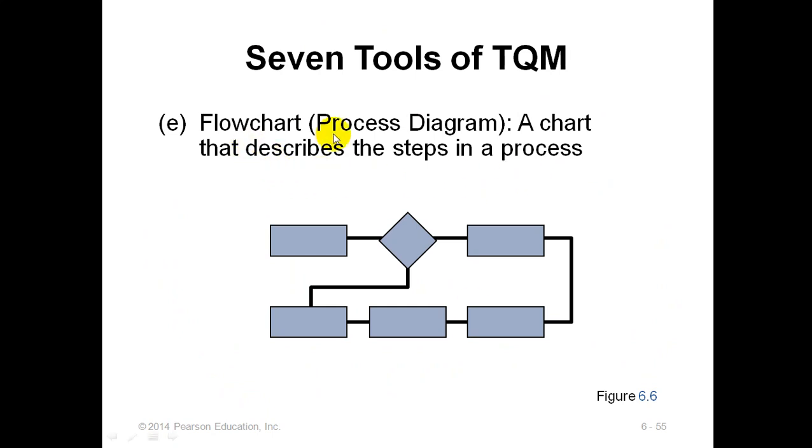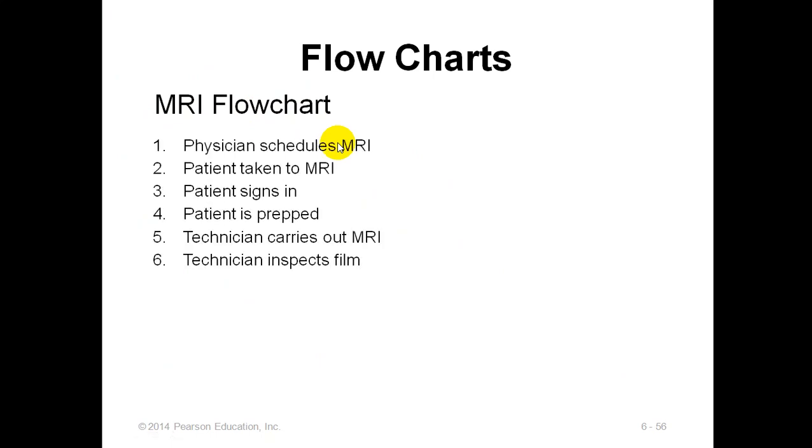This is the flow chart, a process diagram, a chart that describes the steps in the process. Sometimes our activity has a process, which we'll discuss in the example. This is the MRI flow chart. You know the MRI is done in hospitals. So we are going to describe it.